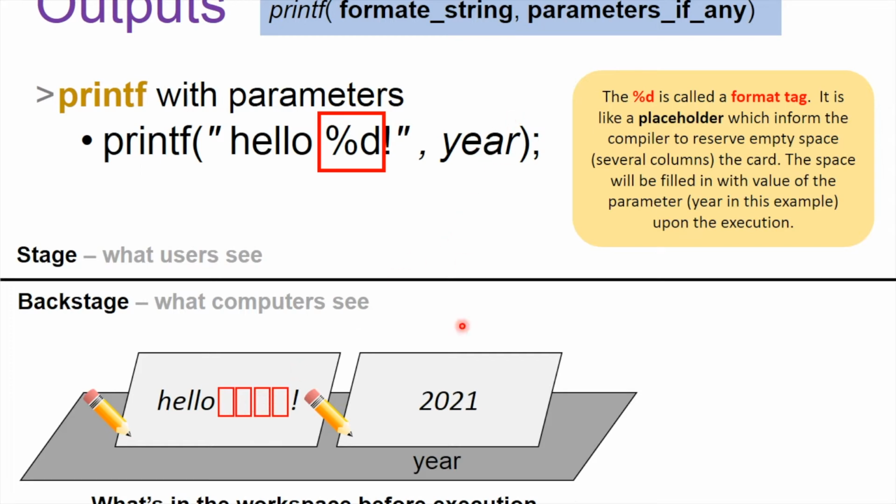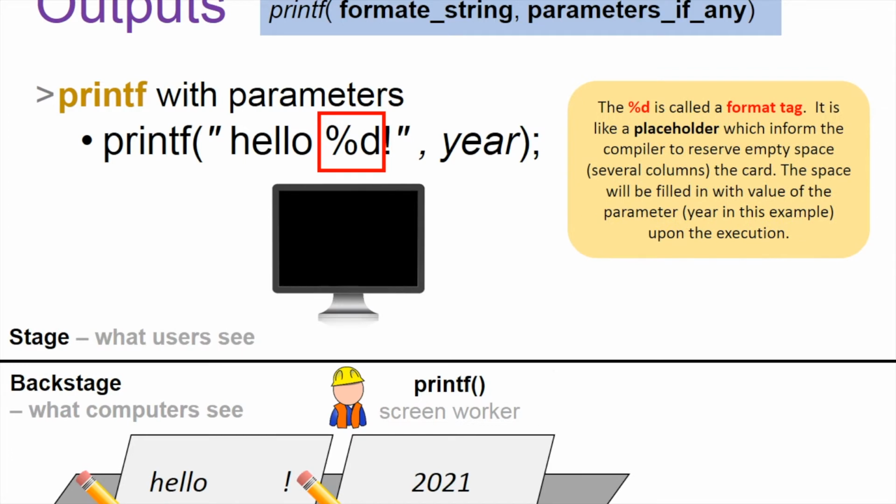The year in the workspace is actually saved in another punch card with the value 2021. So at runtime, because the %d here is a placeholder, that place will be replaced with the value of the year.